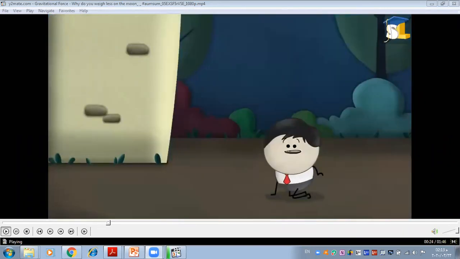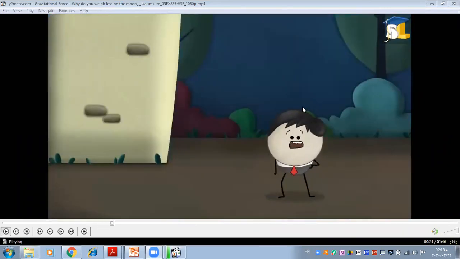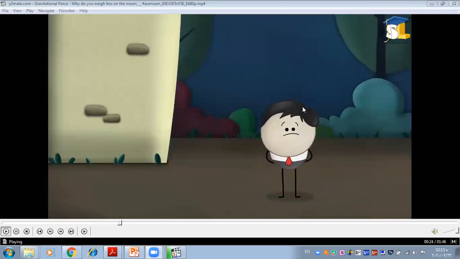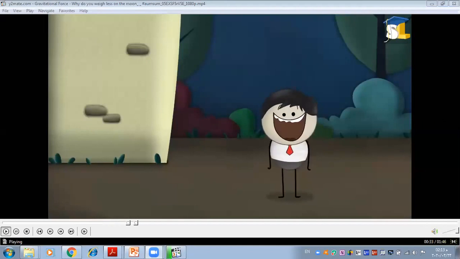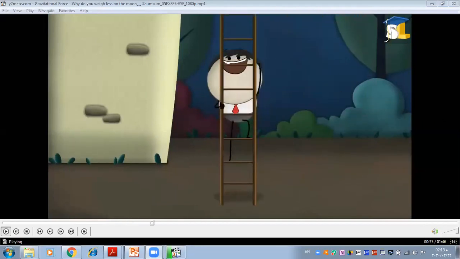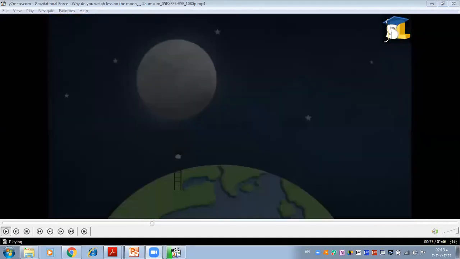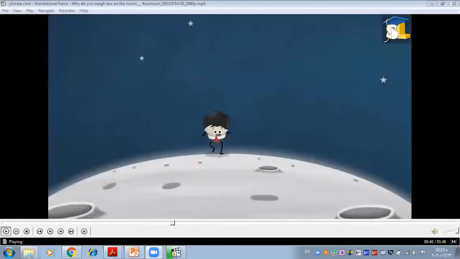Look, I had warned you. Now, why don't you try the same activity on the moon? There, you will weigh much less, and thus you can fly short distances. See? I was correct.